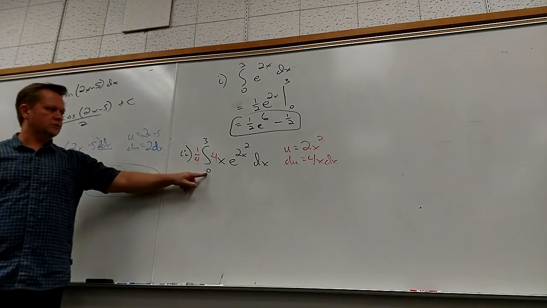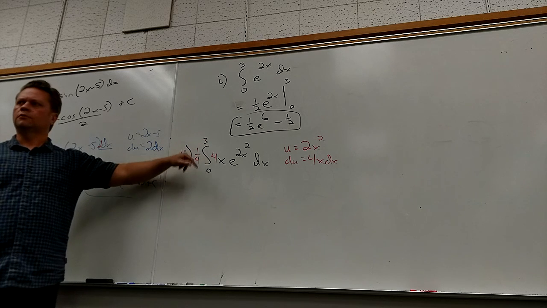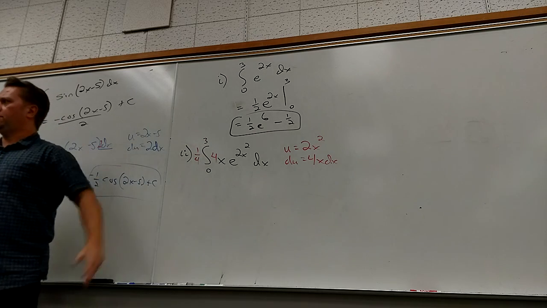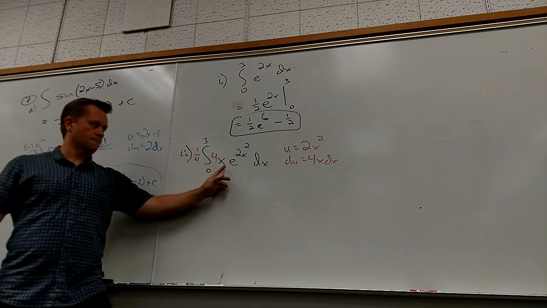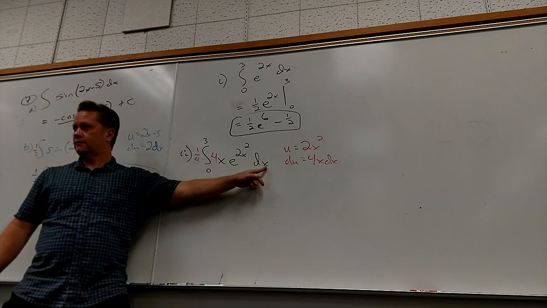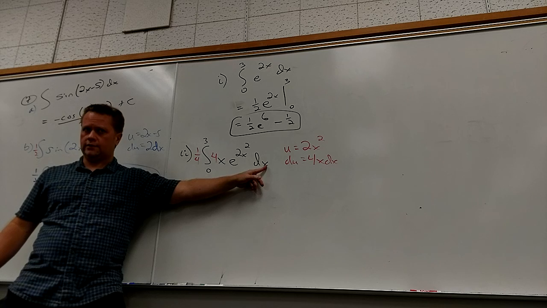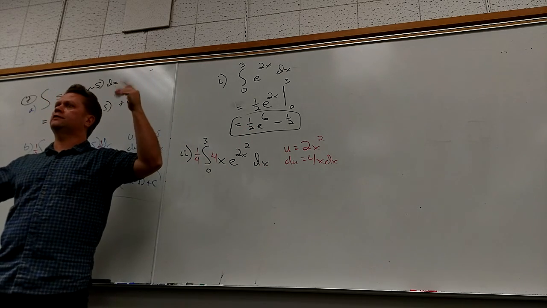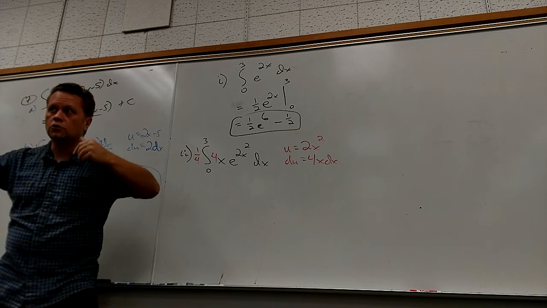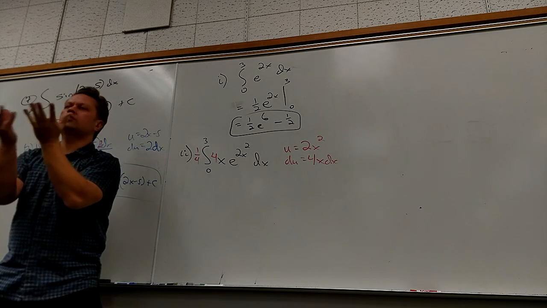Now, what do these limits relate to? 0 to 3 for what? What's going from 0 to 3? x, right? x is going from 0 to 3. What am I about to do? I'm about to change all the x stuff to u stuff, right?